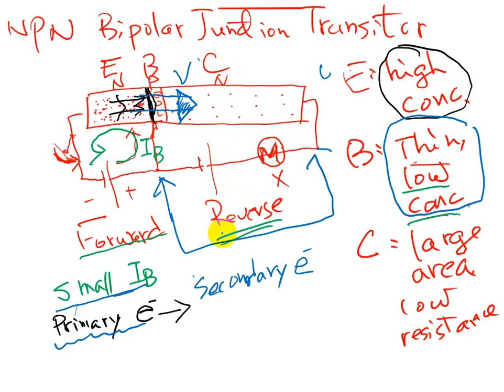It becomes a secondary or minority charge particle in the p-type semiconductor at the base area.